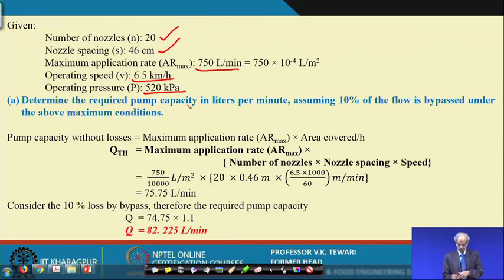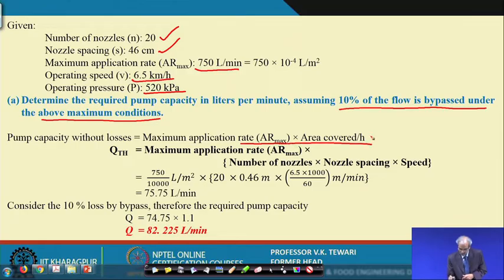How will you get this? Assuming 10% of the flow is bypassed under the above maximum conditions, what will be the required pump capacity? First, we need to know the pump capacity without losses. The maximum application rate into the area covered will give you this. You have the maximum application rate, the number of nozzles, the spacing and the speed.